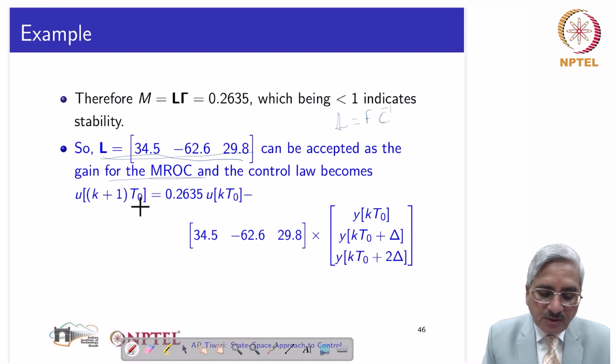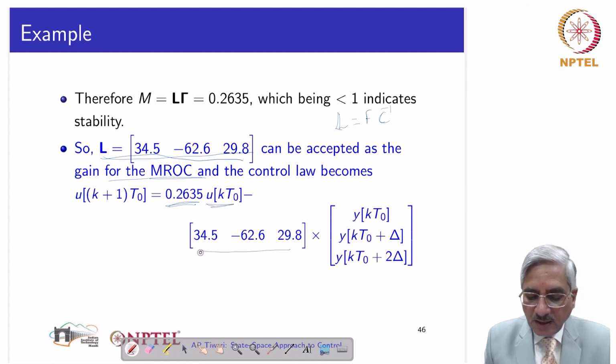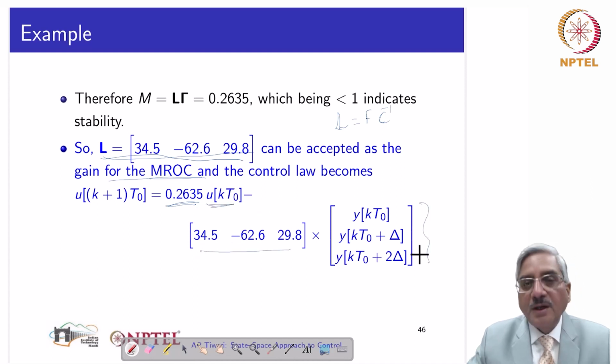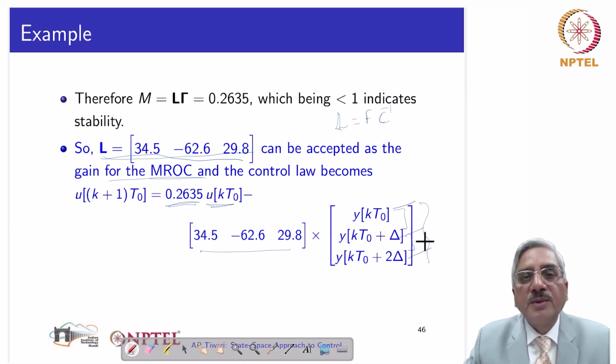And control law becomes this. This is M times U(kT0) minus this is L, and this is the stack of output samples taken during T0, and they are spaced by delta, you can see. So one at T0, one at T0 plus delta, one at T0 plus 2 delta, and so on.